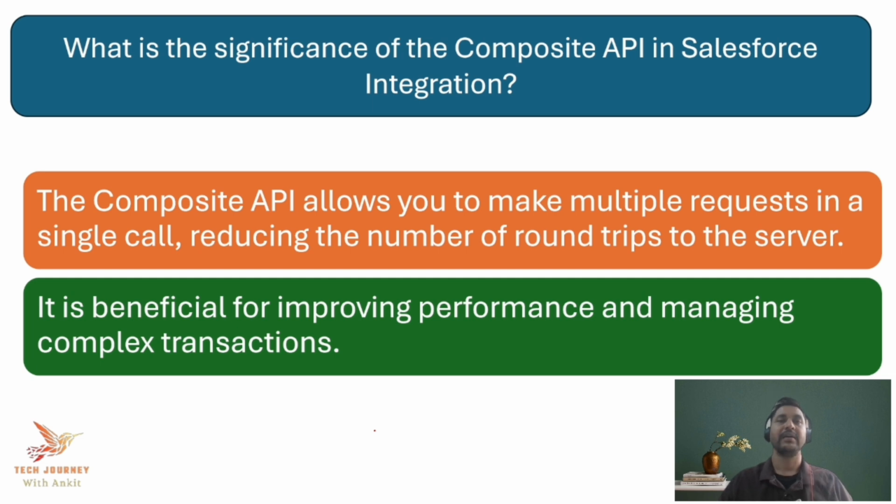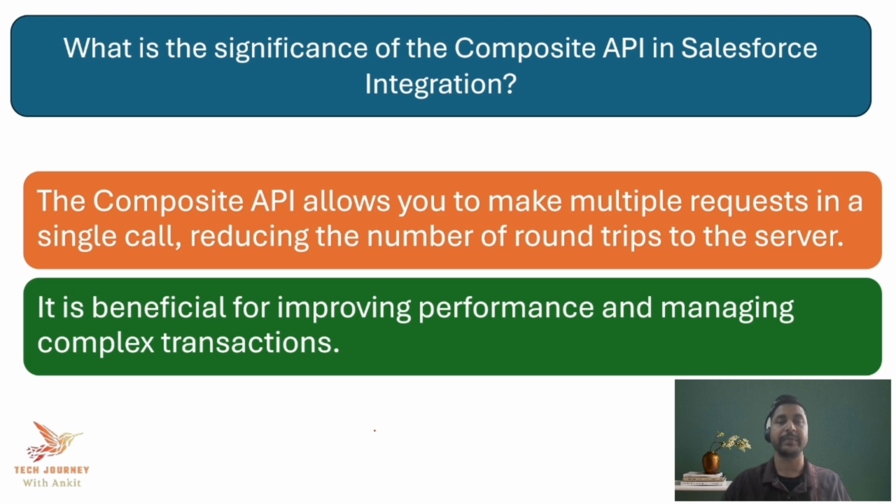For example, let's say my business requirement here is I need to create an account, contact, as well as an opportunity, right? Rather than sending three different requests to create the three different entities, I should create one composite API request and send all the three details in one single API call.